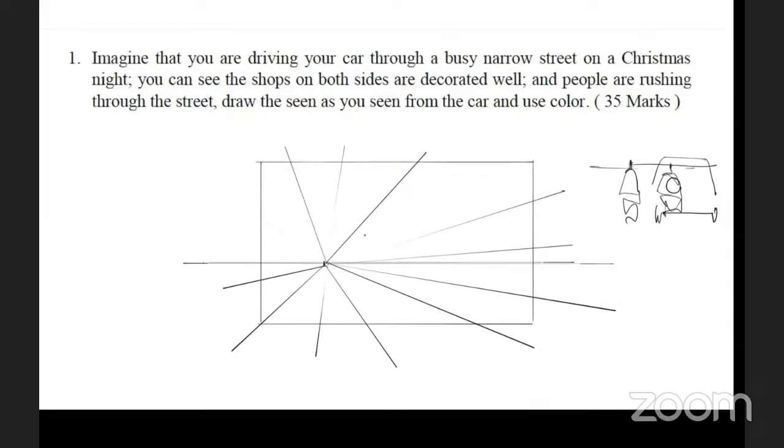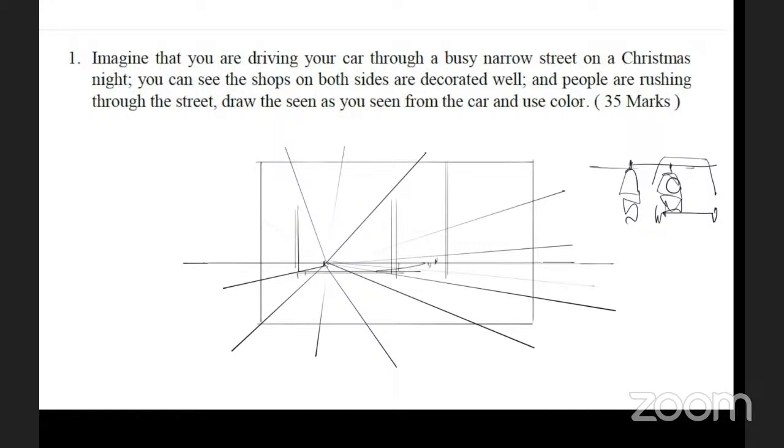I see a busy street. I see a lot of decorations all over the place, and I'm also able to establish the context with the architecture. The beauty of the 1-point perspective is that it is simple to understand. So I'm just going to work out how the street is going to look. There are the shops. I'm able to draw the footpaths over here, around which people are walking.